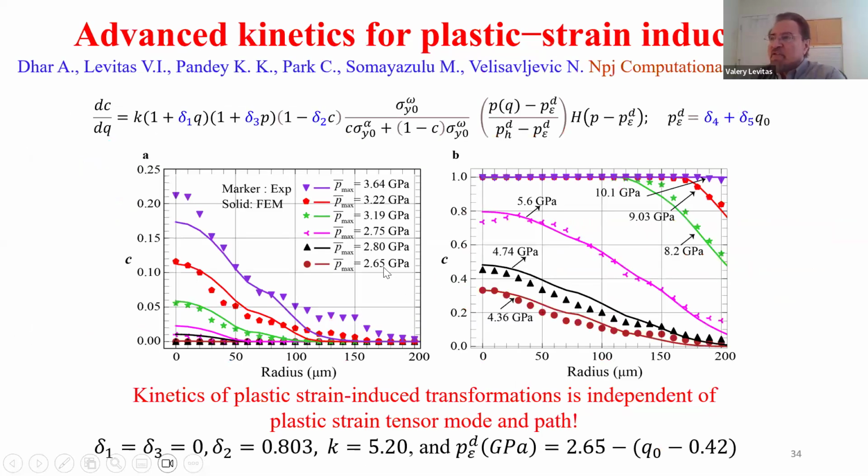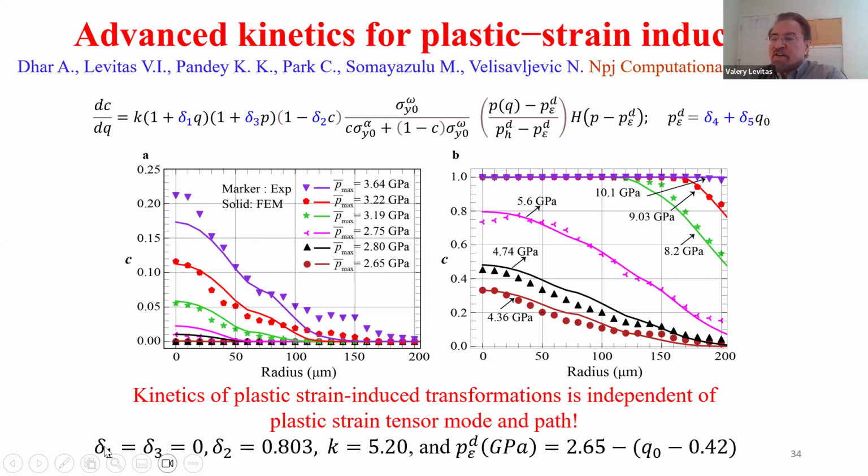Well, I believe this is our best result. We determine advanced kinetics for plastic strain-induced phase transformation. We already discussed this part, and we confirmed it, but it was only for points at the center of the sample. Now we have points everywhere in the entire sample, including resolving along the thickness. And so we introduce additional terms, additional material parameters, 6 parameters in total.